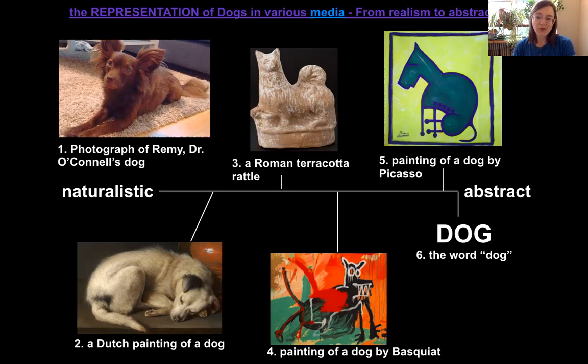Now, the most abstract, especially in English, on our scale of talking about dog, is the word itself. So the word dog represents dog or means dog, but it doesn't actually look anything like a dog. And from what I understand of other languages like Chinese, there's actually some visual basis for that.